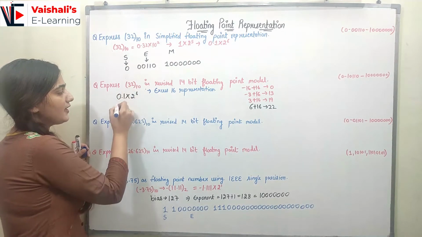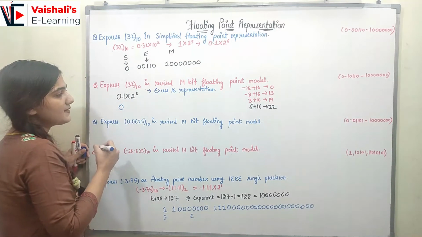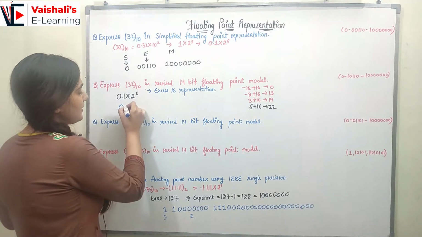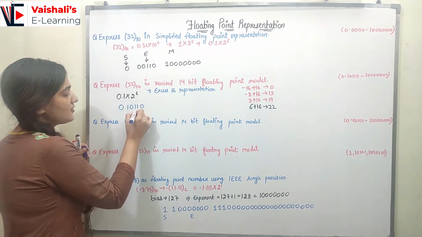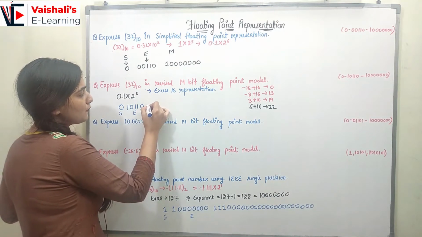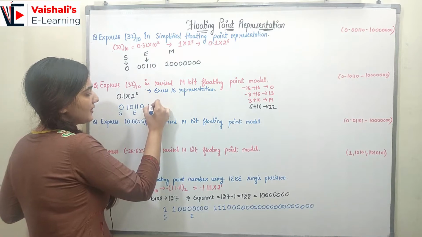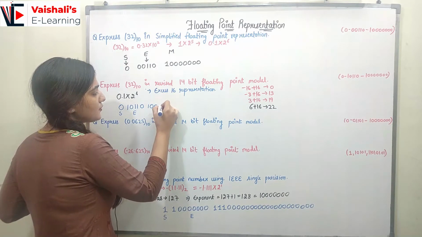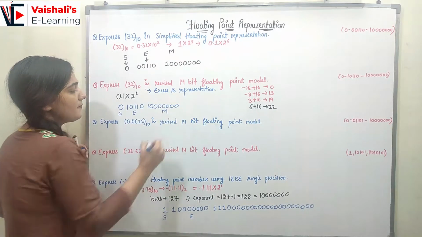The sign for 32 is positive, so sign bit would be 0. Now 22 can be represented as 10110. So this is my exponent now. This is my sign bit. And what about the mantissa? Here we have 0.1, so mantissa would be the same, 1000000. This would be my mantissa.